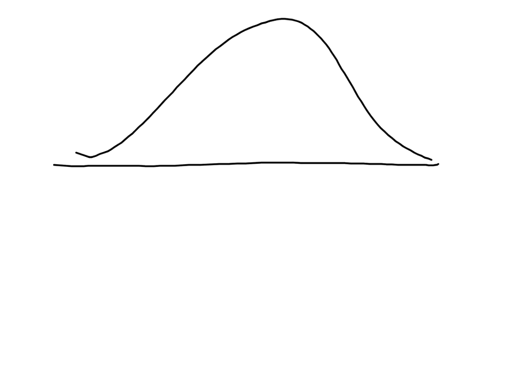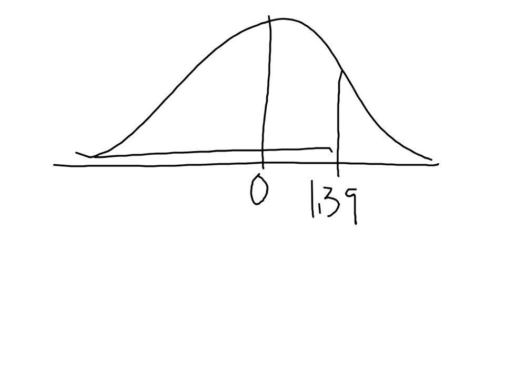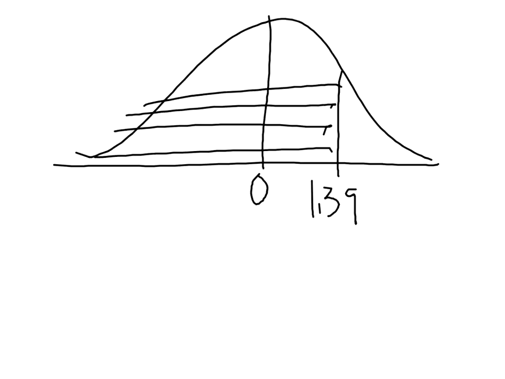If somebody asked us to find the area associated with a z-value of 1.39, and if they phrased the question thusly, what's the area to the left of where z equals 1.39, then this is what they're talking about.